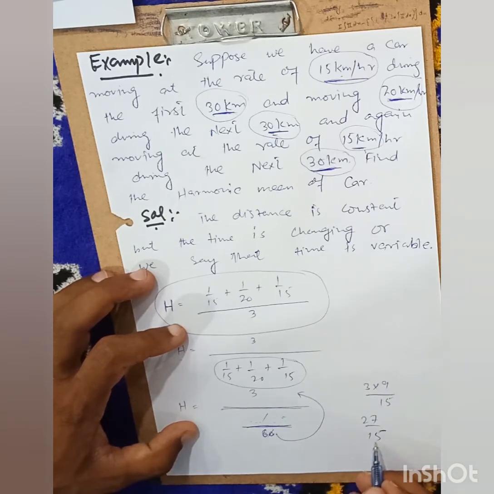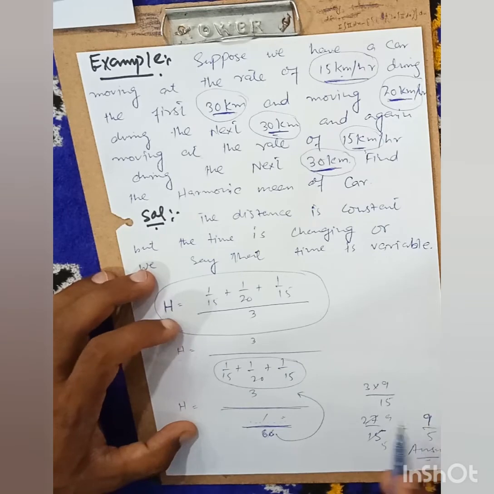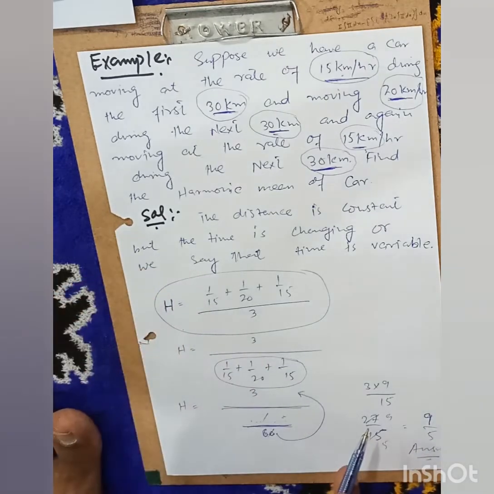Now these values cancel out: 3 fives are 15, 3 nines are 27, so 9 by 5 is our answer. 9 by 5 is the harmonic mean of the example we have taken.